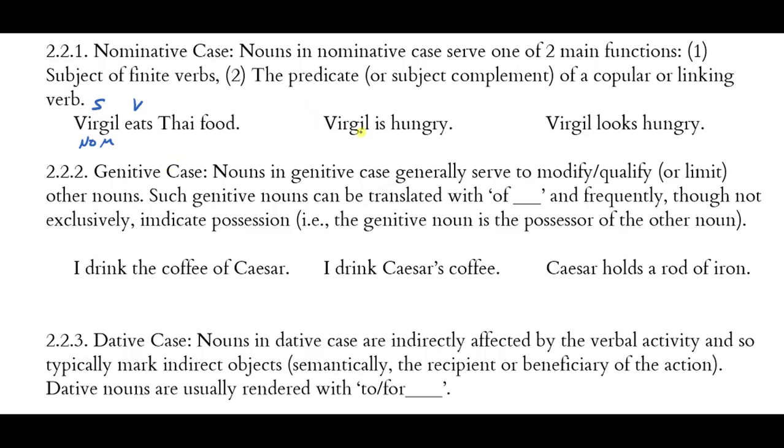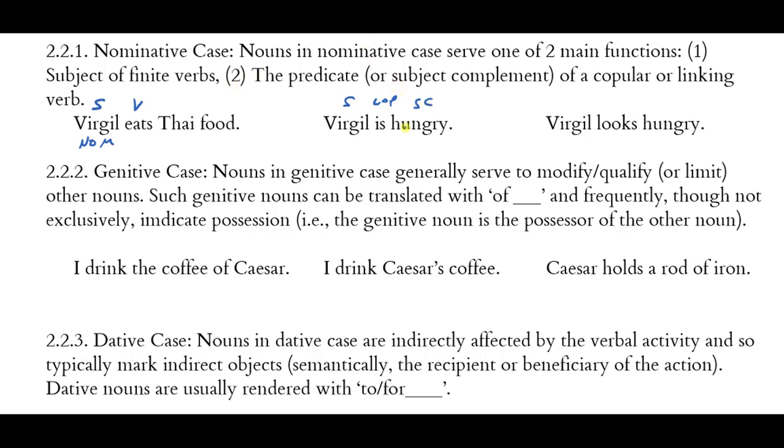Now, in the other 2 sentences, I have a copular verb. So here is my verb is, and Virgil is hungry. Virgil is the subject of that copular verb. The copula is the verb to be. And notice that the subject complement or the predicate is hungry.